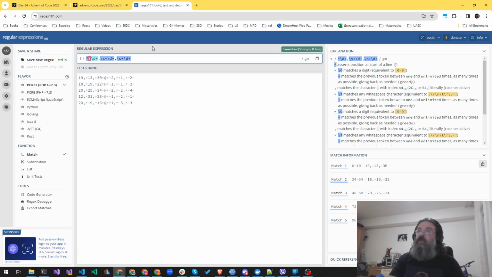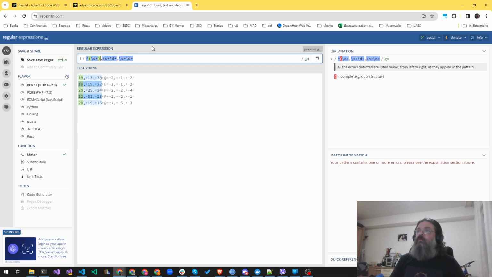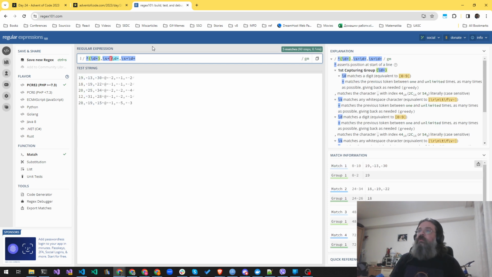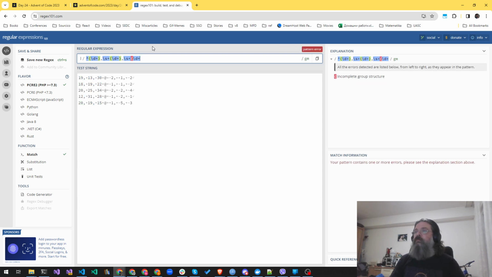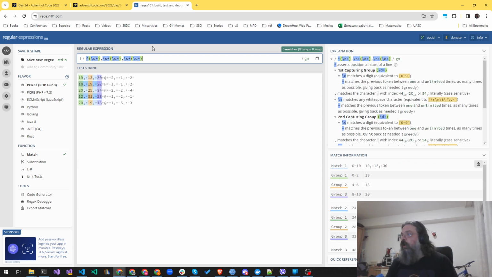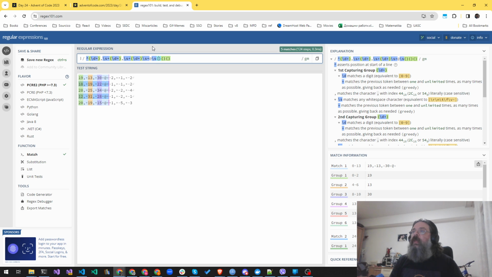And now we can just say, well, I do want to extract those numbers. It's colored nicely. And then we have some spaces, and then we have an at, and once more we have some spaces, and we have something that we want to take away, and something else, and something else. So what is this?